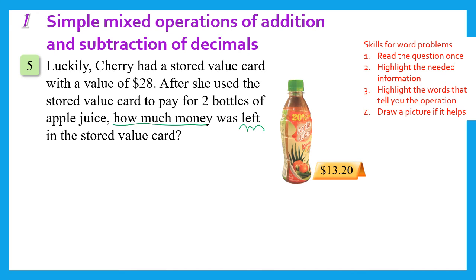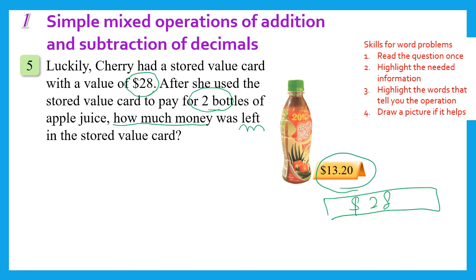She had $28 at first, and after she bought 2 bottles of oranges, how much money was left? It means she has $28 and buys 2 oranges, and it asks how much is left.